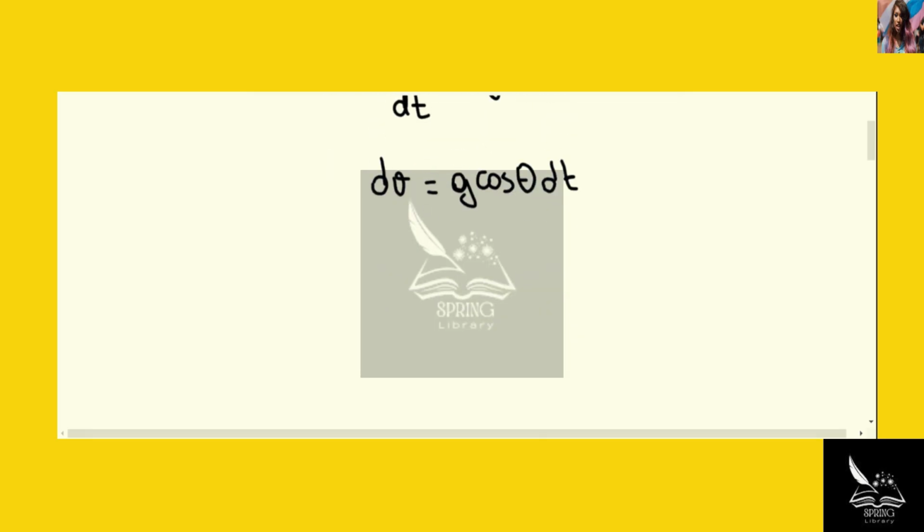Now I'm going to multiply both sides by v, so we have v dv is equal to v g cosine of theta dt, and I'm going to substitute v in the right hand side by dx dt.